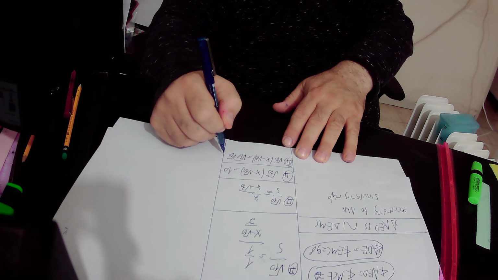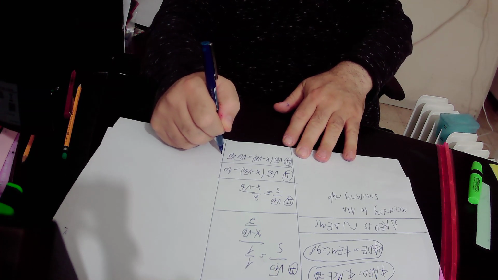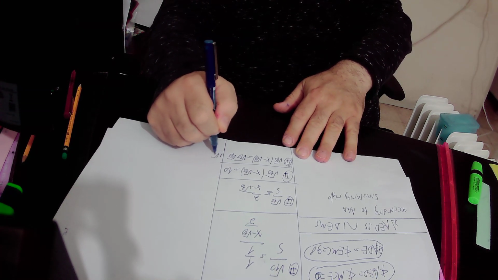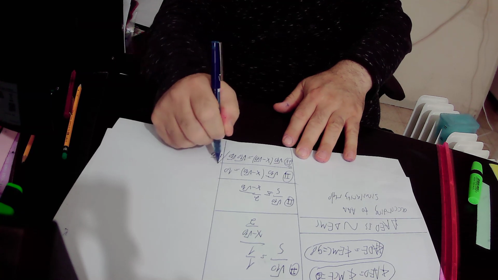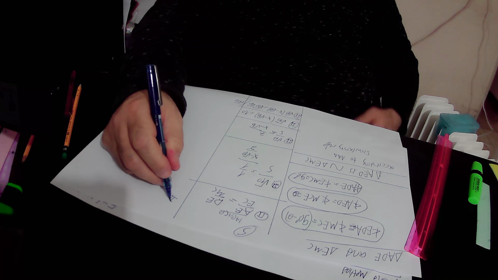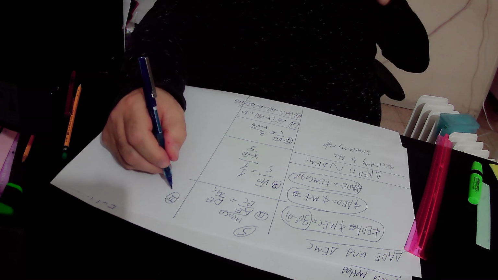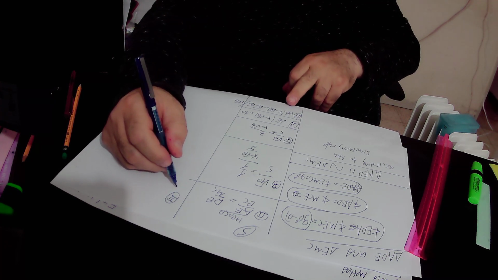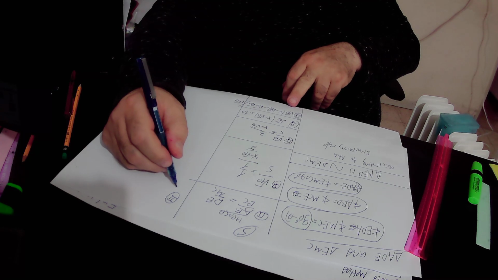We divide this equation number 2 by square root of 10, and we get that according to equation number 2, square root of 10 times square root of 10 over square root of 10 is 1.